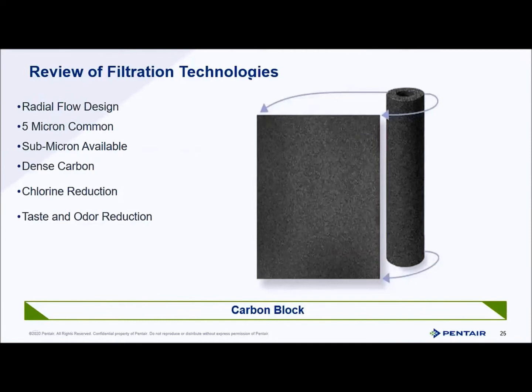Same thing's happening here, except we're doing it under high temperature with a press, pushing out a tube of carbon with binders that cures, and we cut these to length to meet need. So very, very dense carbon, great at chemical and taste and odor reduction. Most of the time, these are done in 5 micron because they're a surface filter, quite often paired with sediment and pre-filtration in front of it because of this. Great taste and odor removal characteristics.